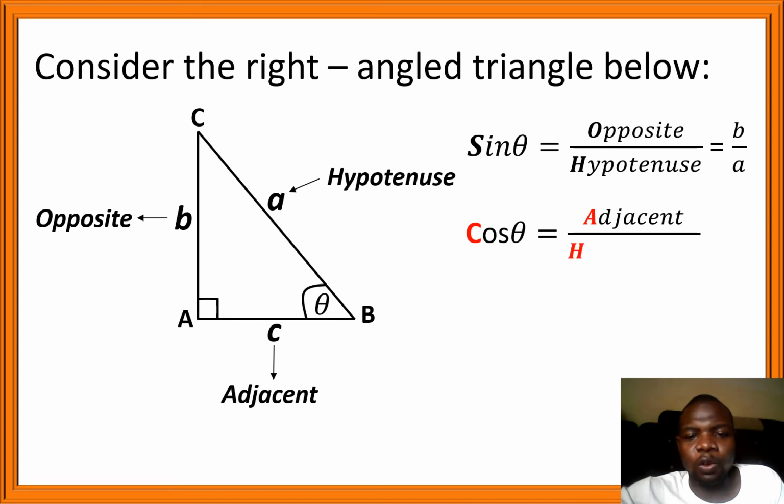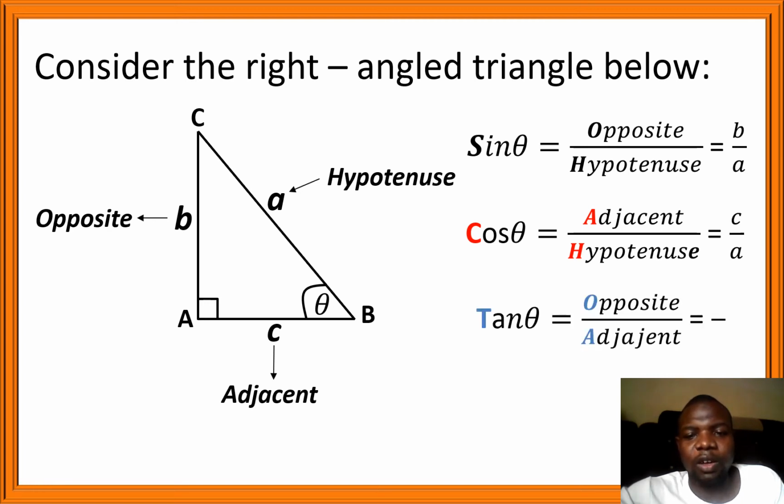Then cos of theta will be equal to adjacent over hypotenuse, which is equal to c over a, and that of tan of theta will be equal to opposite over adjacent, which is equal to b over c.